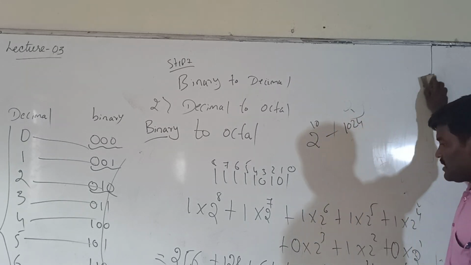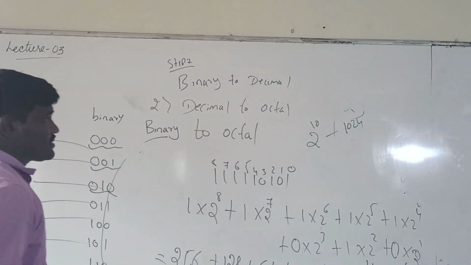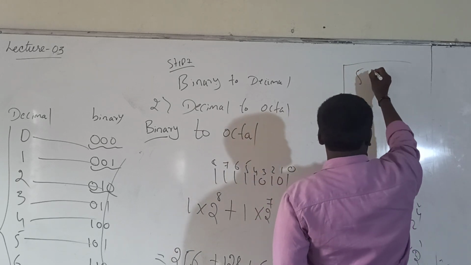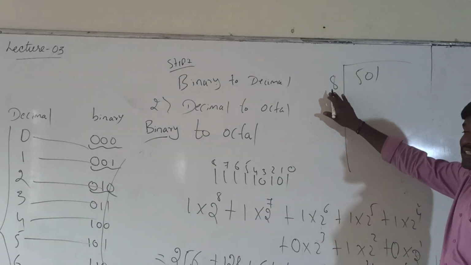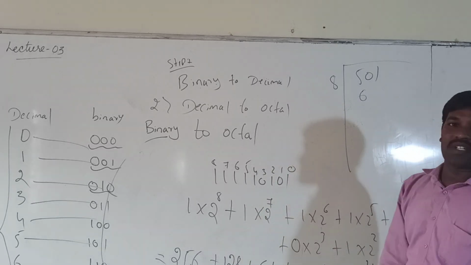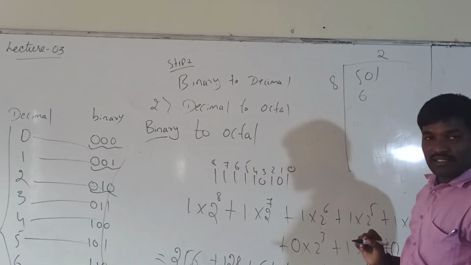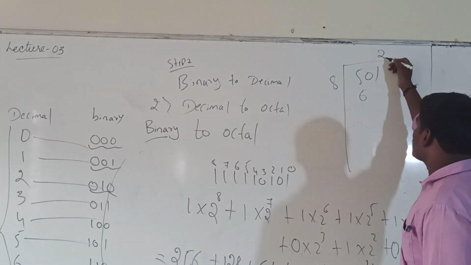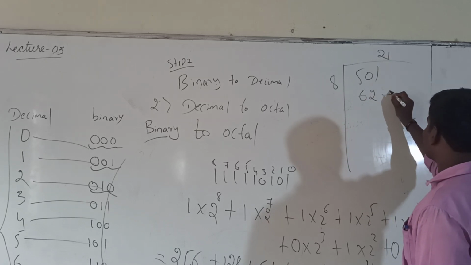Next step: after converting the binary to decimal, you have to convert this 501 to the octal number system. So here 8 is there. 8 sixes are 48, remainder is 2, quotient 62. 8 twos are 16, remainder is 5.